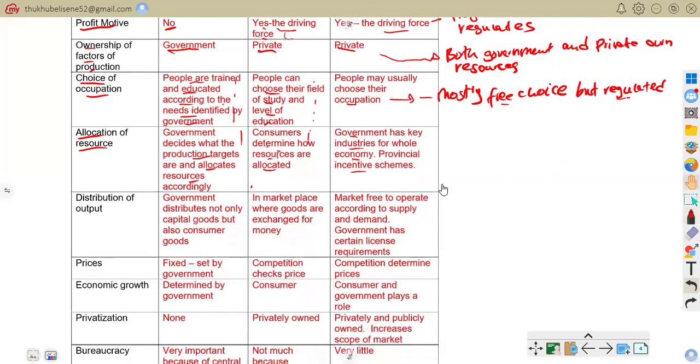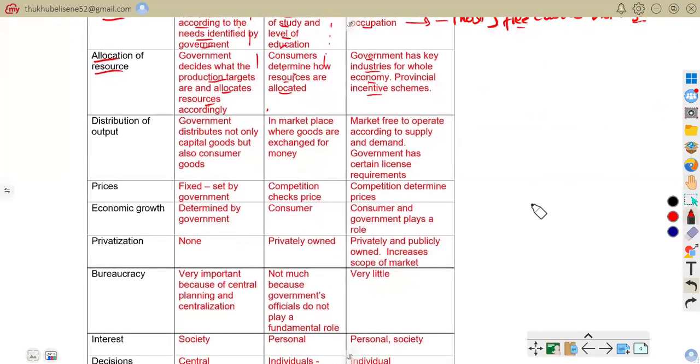So now let us go to another characteristic: distribution of output. As it says, government distributes not only capital goods but also consumer goods. So the government distributes goods.